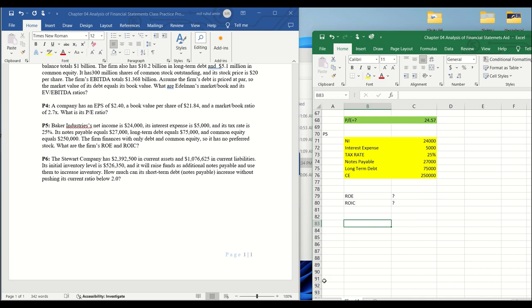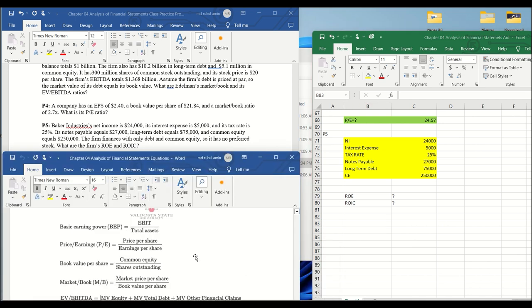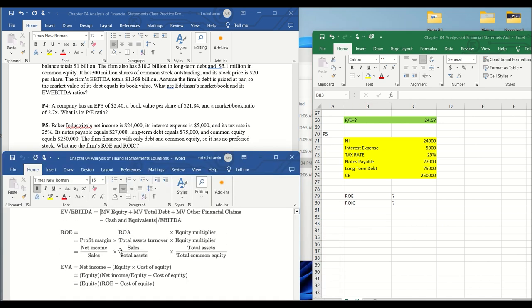Now ROE. How can we get ROE? What's the formula for ROE? ROE equals net income by sales times sales divided by total assets times total assets by common equity, or ROA times equity multiplier, or profit margin times total asset turnover times equity multiplier.